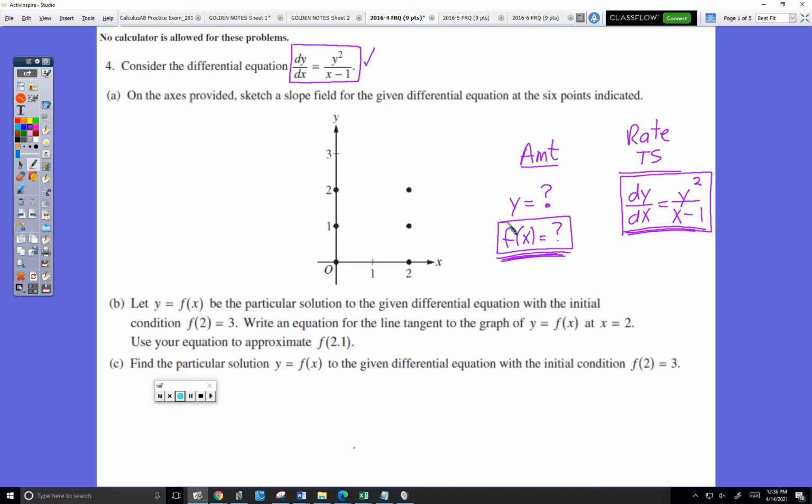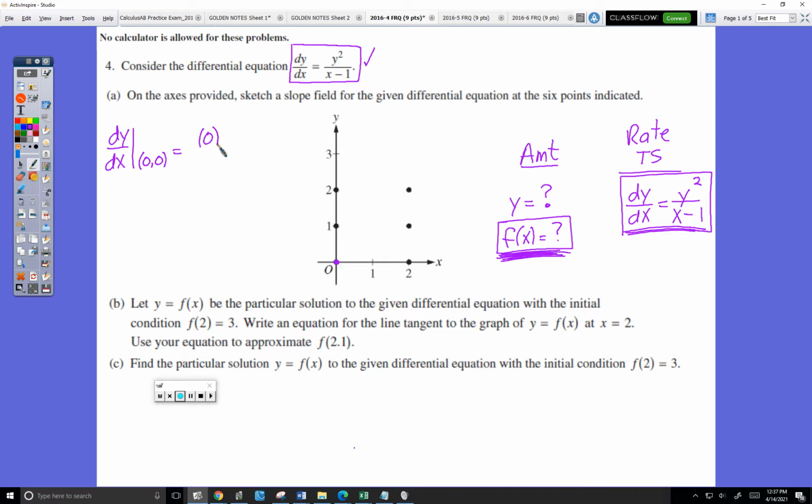So they want us to imagine that we're not looking at the graph of f, but if the graph of f were to pass through this point, what would the slope of f be when f went through that point? That point is 0, 0. So we take the formula for dy dx, and we plug into that formula an x value and a y value, both of 0. That's going to calculate the slope of f at that point if f were to pass through that point.